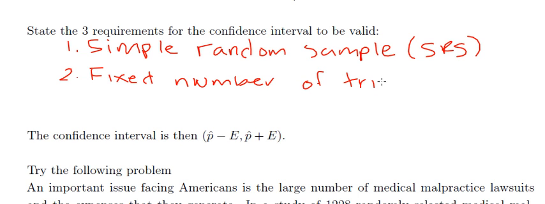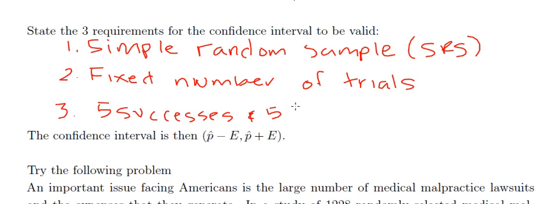That's your sample size n. And let's see, one more. And then your sample size is large enough. So you have at least what we call 5 successes and 5 failures. Success or failure is just a generic term because there's only 2 outcomes.